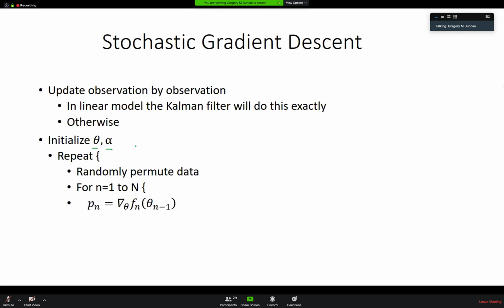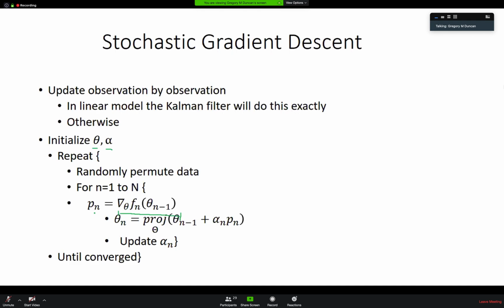For i equals 1 through n, we take the gradient at the current theta as the current gradient, and we update.